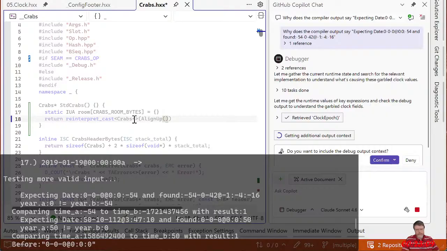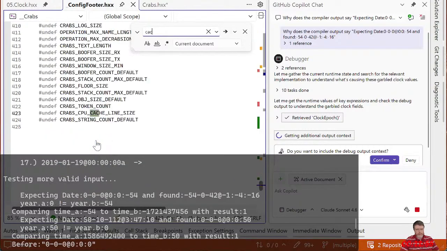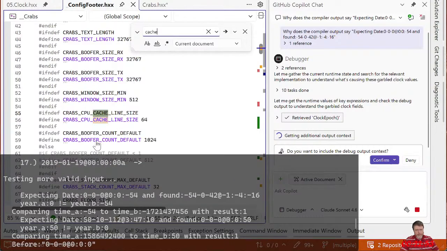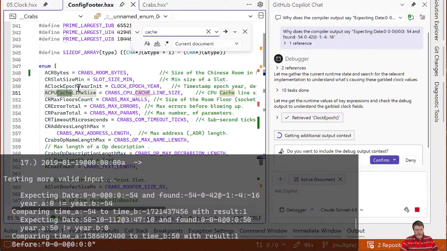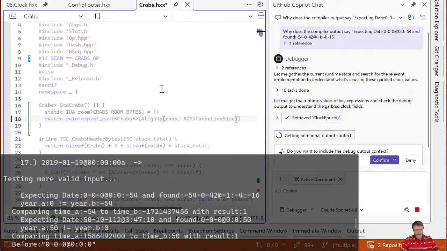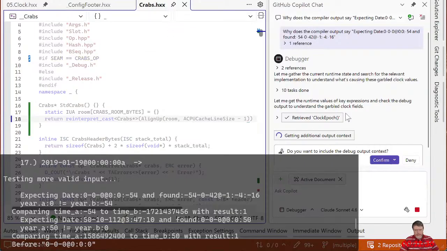Line up room to a cache line. This cache line size. That's how I use my thing, right?